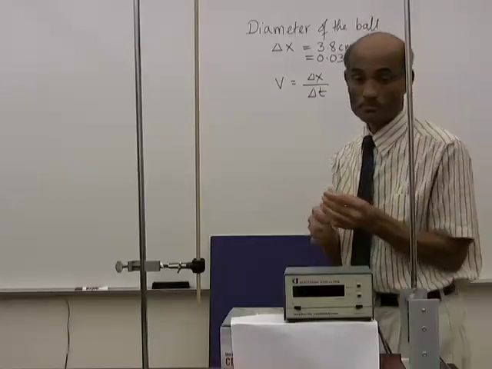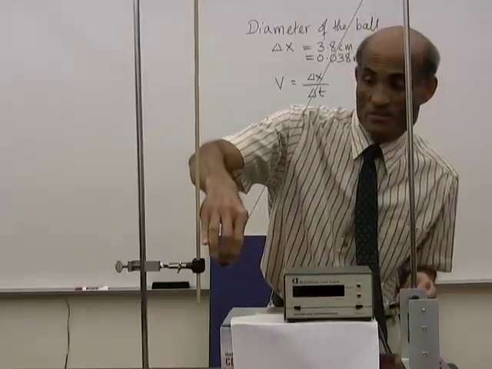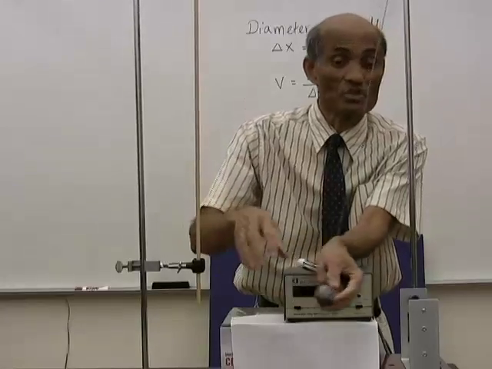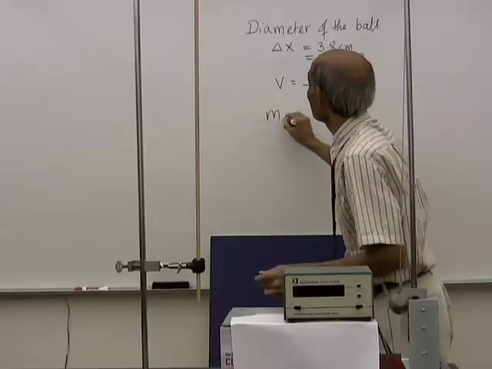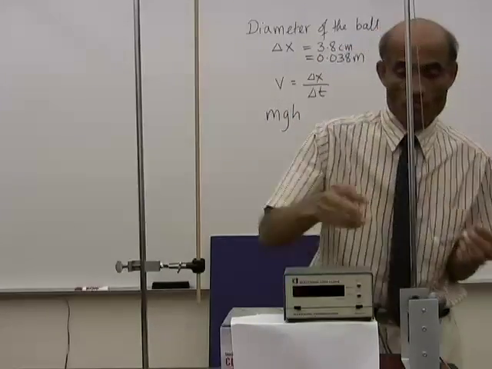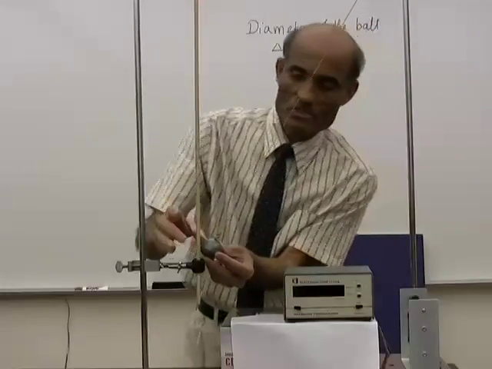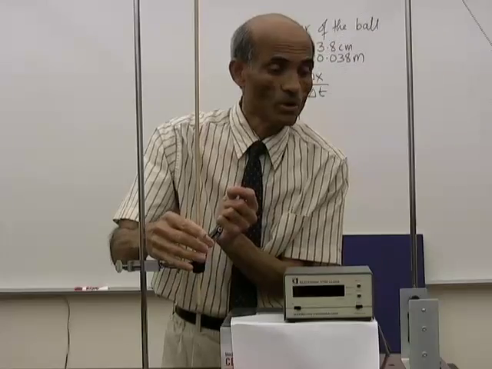Now when the ball is raised through a height h, it has potential energy. The potential energy is mgh. When you let the ball go, this is what we will do. We will raise it to the height h, and then we will let it go.